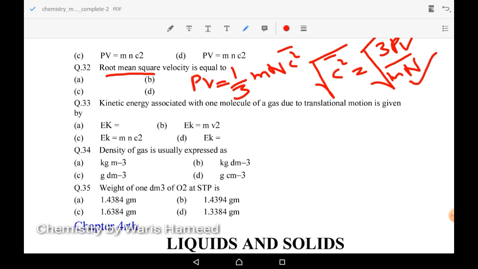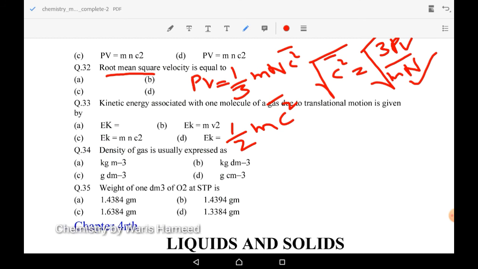Next, 33rd MCQ. Kinetic energy associated with one molecule of a gas due to translational motion is given. I have already written about it. The kinetic energy of the gas molecule is 1/2 m n c square bar. N is 1, so we can write kinetic energy for the molecule as 1/2 m c square bar.